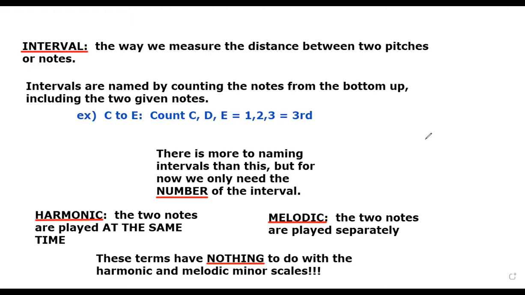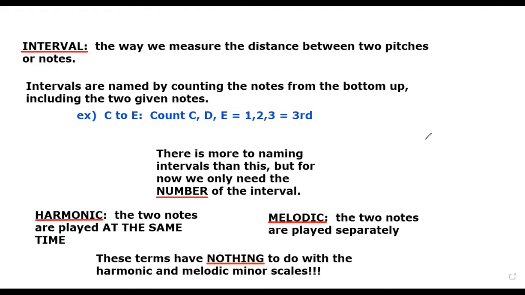I am going to throw a couple more definitions at you. Harmonic means that the two notes are played at the same time, like harmony, like a chord. Melodic intervals mean that the two notes are played separately from each other. You play one and then you play another one.